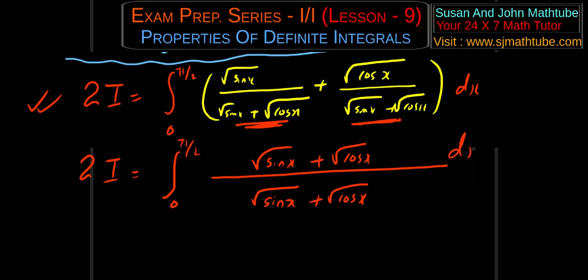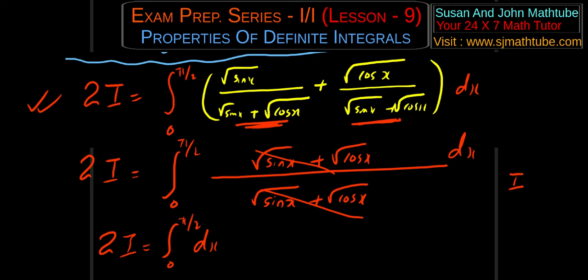Look at this. If you just watch the video, you may not understand. So make sure you're working out the problems along with me. So this gets cancelled. So we get 2I is equal to integral 0 to pi by 2 dx. That's it. Look at this. The advantage is you're given a question and you apply the property, add the integrals and simplify.